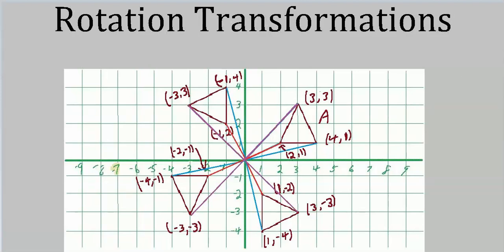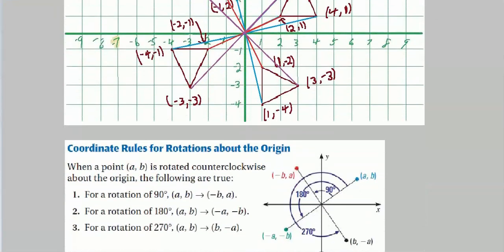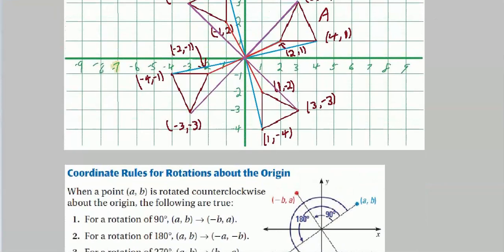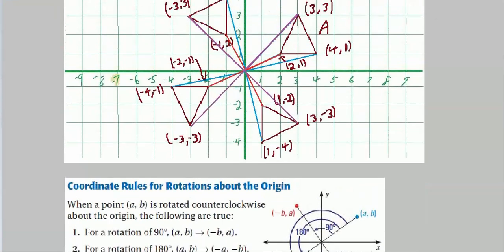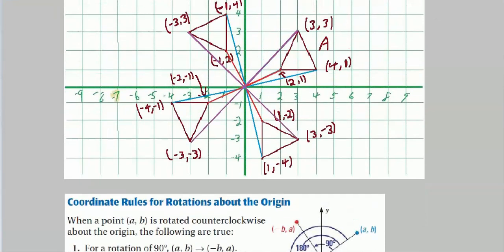And there's some rules for that. There they are. For a 90-degree rotation, we switch. Well, that kind of looks like what happened, doesn't it? We went from 4, 1 to minus 1, 4.